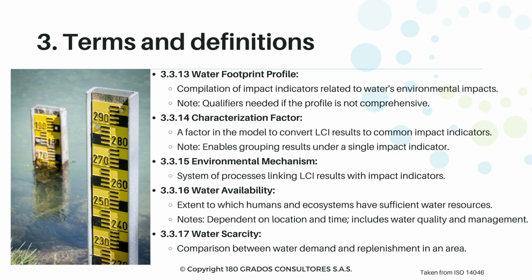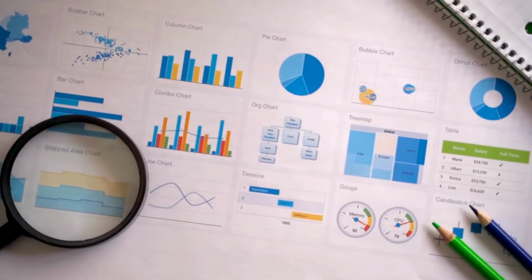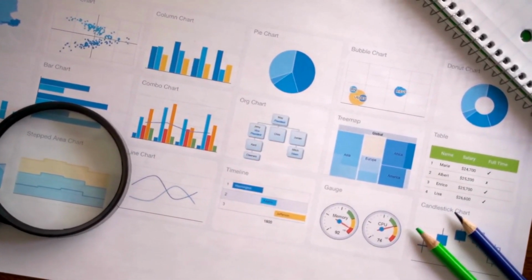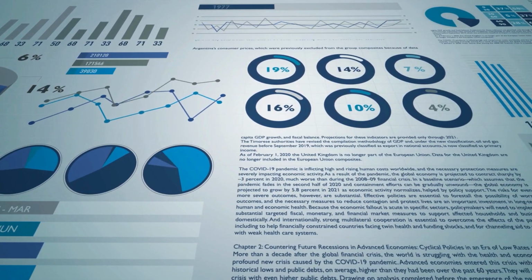The characterization factor is an element of an assessment model that transforms data from the life cycle inventory analysis into common environmental impact indicators. Okay? This allows for grouping and comparing different impacts under unified indicators. Very important.